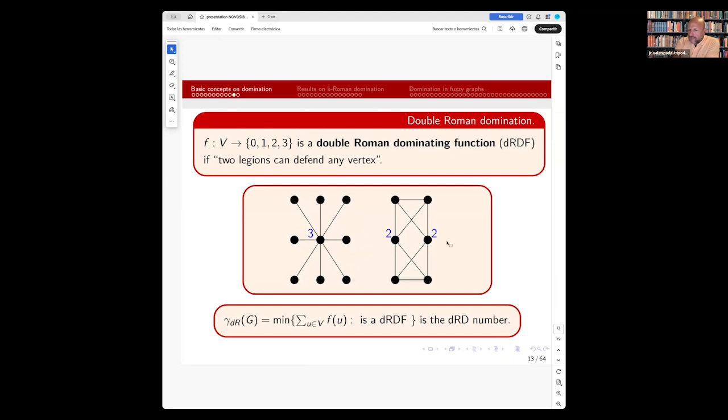In the graph on the right-hand side, you have 2 strong vertices with label 2, and the remaining vertices can be defended because each of them is adjacent to both stronger places, so they can be defended by 1 unit from each of these vertices. Analogously to the previous case, the minimum weight of such a function is known as the double Roman domination number, and we follow the standard notation as in the previous cases.